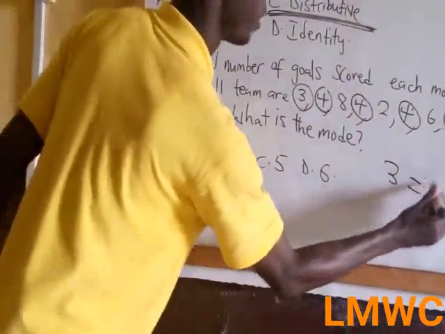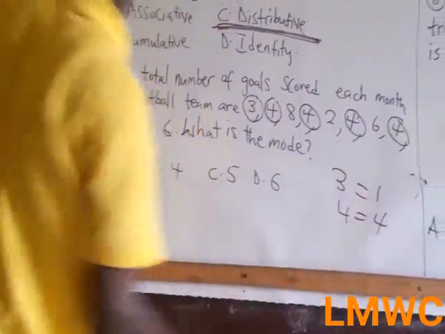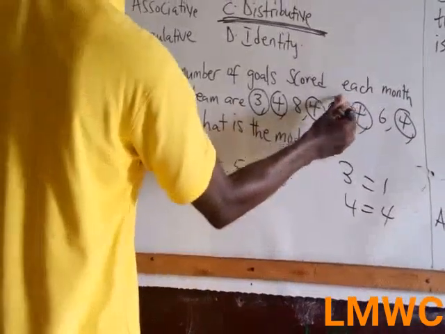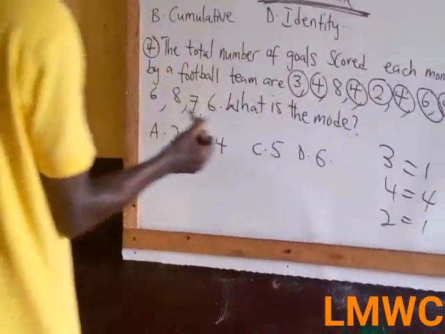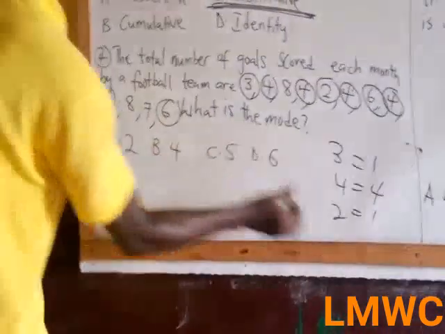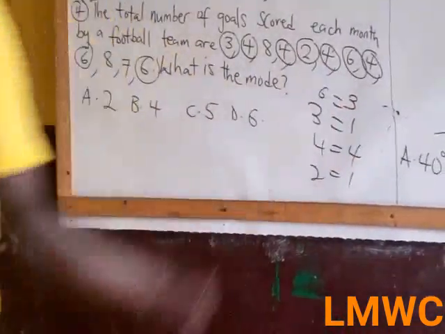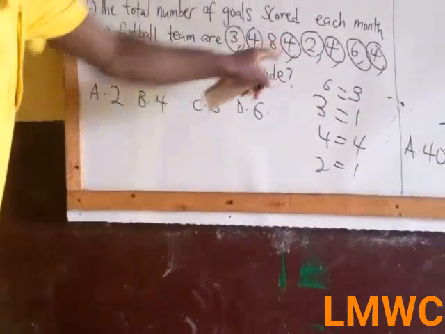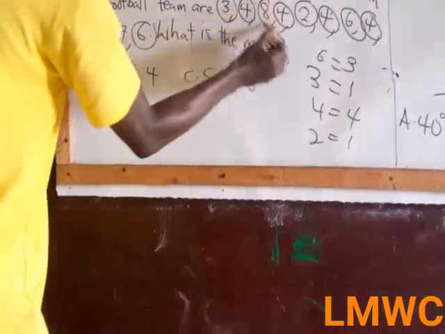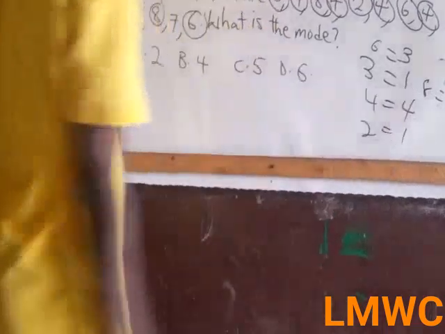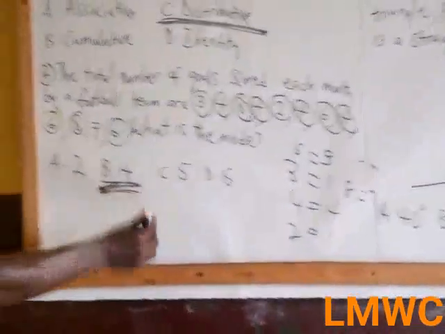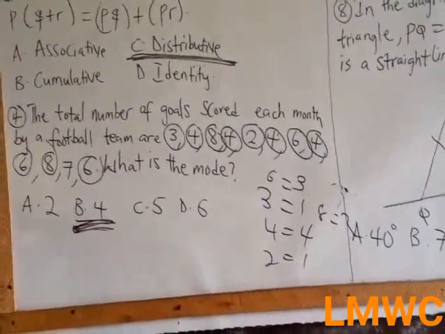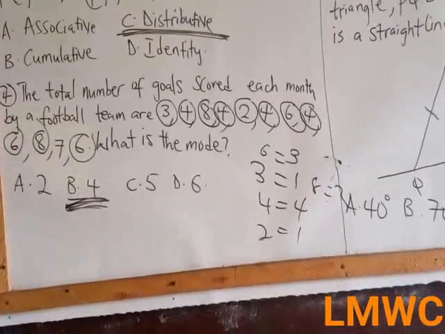So 3 is 1, 4 is 4. Let's take 2. 2 is also 1. Let's take 6. 1, 2, 3. 6 is 3. And 8 is 2. So our answer is 4. 4 is occurring 4 times. This means it's the mode.